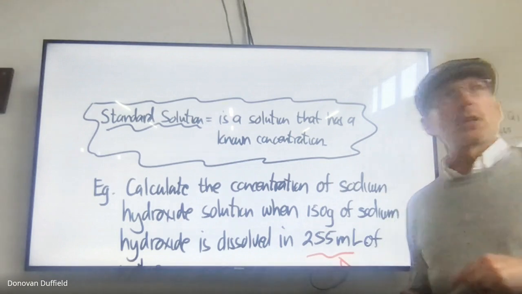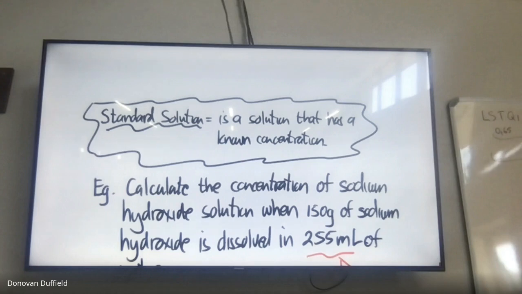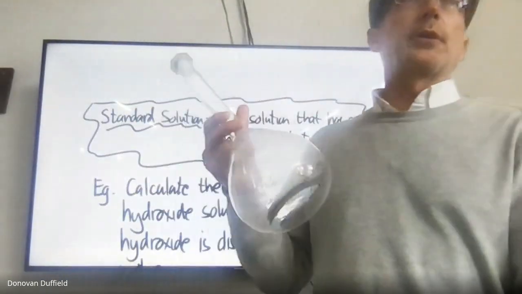You have these measuring containers. Let me just get one for you. If you're doing a large quantity, this is a 2 liter, and this is called a volumetric flask.